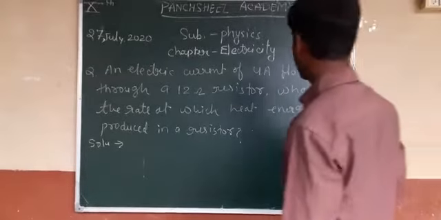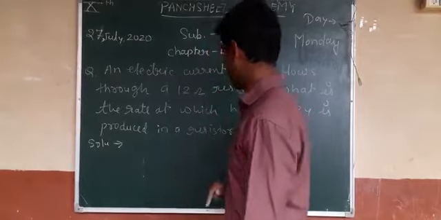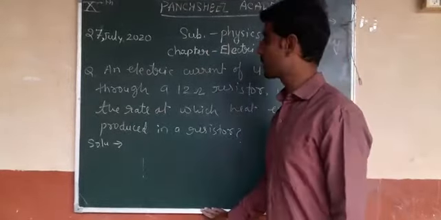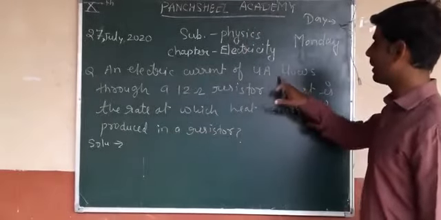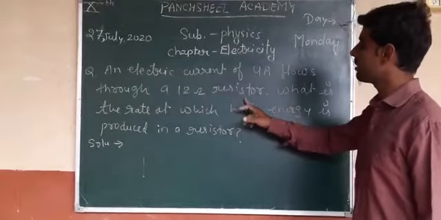If we take a numerical on electric power, how to calculate the electric power? An electric current of 4 ampere flows through a 12 ohm resistor.